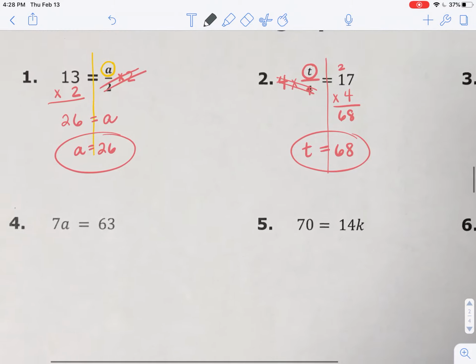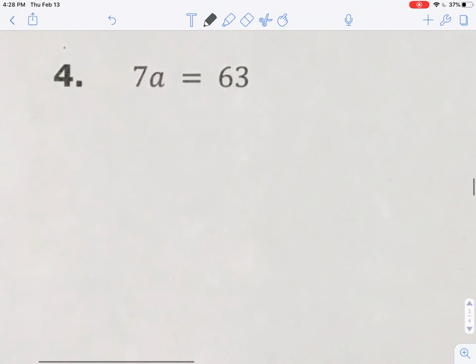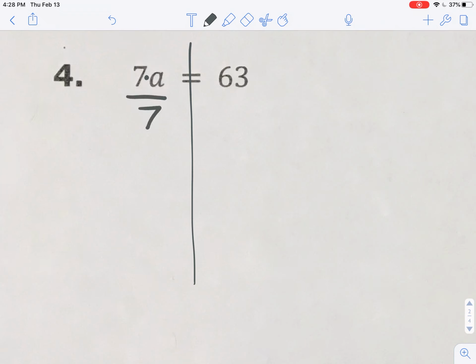Number 4. So here, divide our equation. We want to get A all by itself, and right now it's being multiplied by 7. We want that to go away, so we're going to do the opposite or the inverse operation and divide by 7.